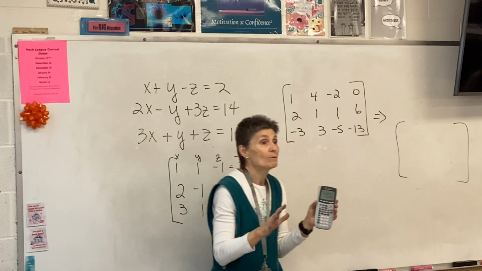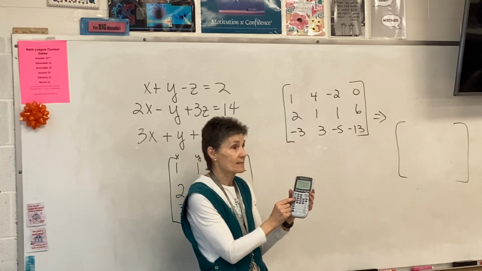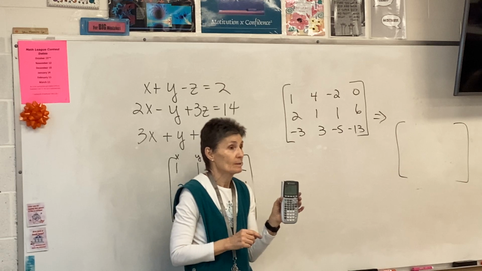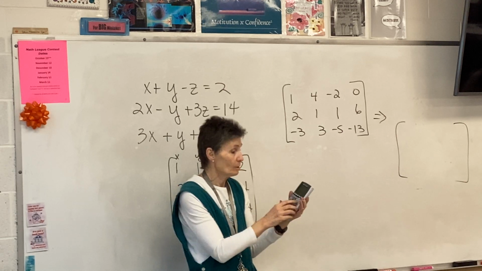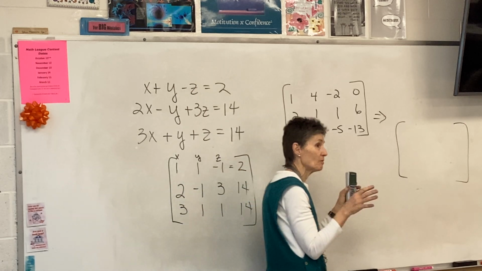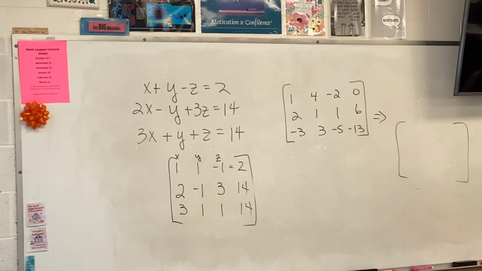Because I need to get out of edit mode. Now I'm going to go back into matrix, so second matrix. And where do I go now? I click over to math. And I go all the way down, arrow all the way down till you get to RREF.